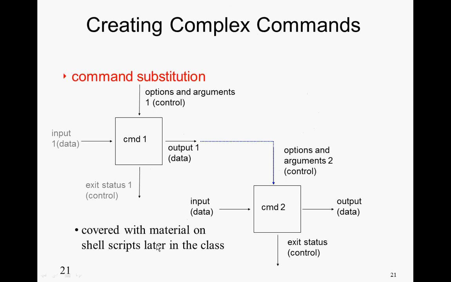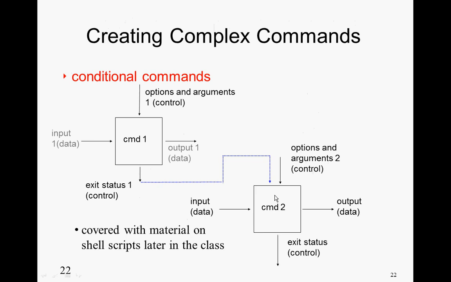It's a straightforward thing in the Unix shell to have one command output what in essence are the arguments for another command, the command line arguments. Another possibility is to have one command depend not on the output from another command, but on the exit status. In other words, has it succeeded or failed? Has command 1 succeeded or failed, for example? What output code is it indicating?